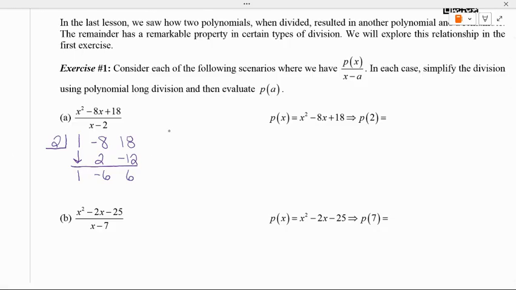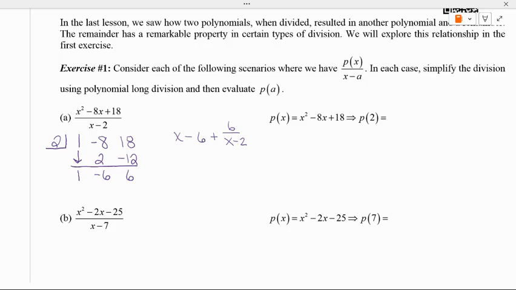So the quotient ends up being x minus 6 plus 6 over x minus 2, because that's my remainder. Okay, that is my remainder.